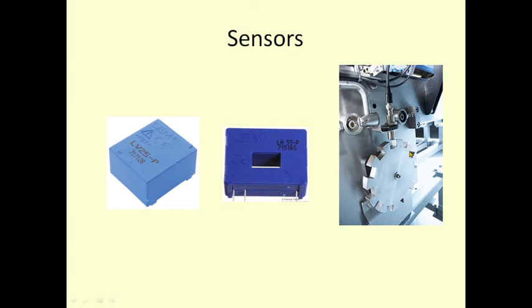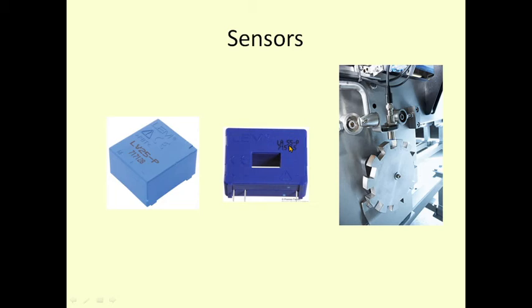When it rotates, whenever it comes across this metal portion, it will count, and whenever it comes across the gap, it will not count. So we can use this mathematics to calculate the speed of this rotor, right? Here this is the current sensor.